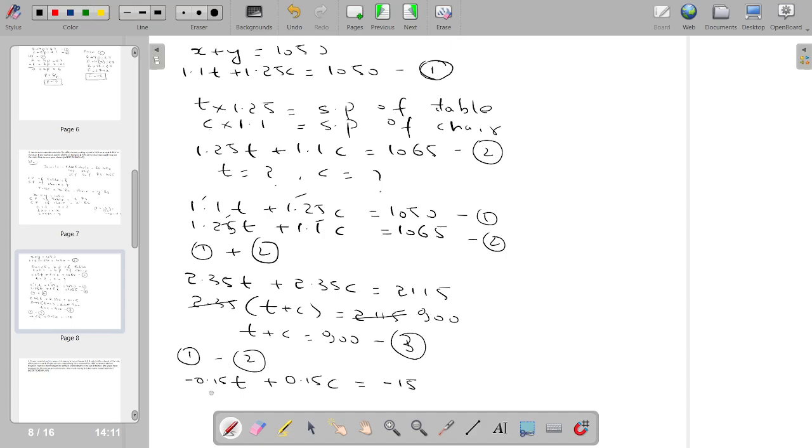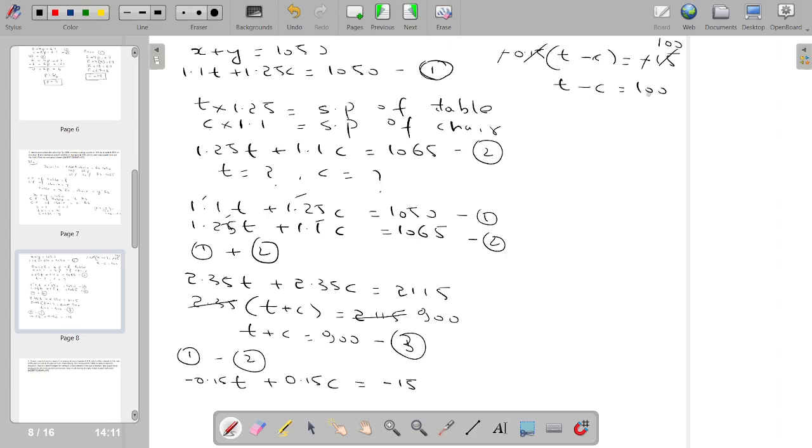Minus 15, we got this. So like here, minus 0.15 is the common factor. T minus C is equal to minus 15 divided by minus 0.15. Minus minus cancel. 15 divided by 0.15 is 100. So T minus C is equal to 100.